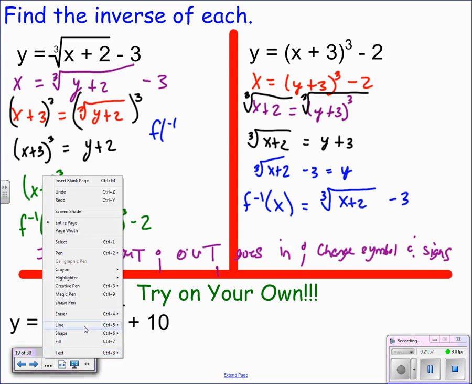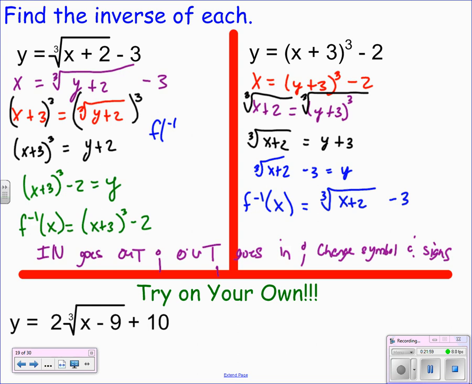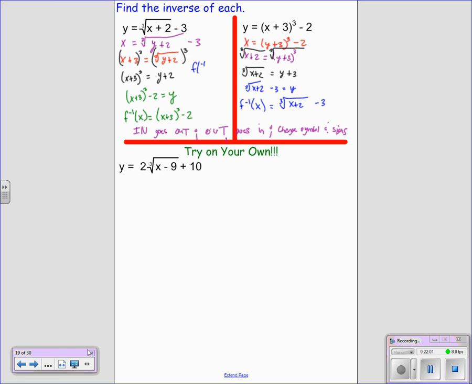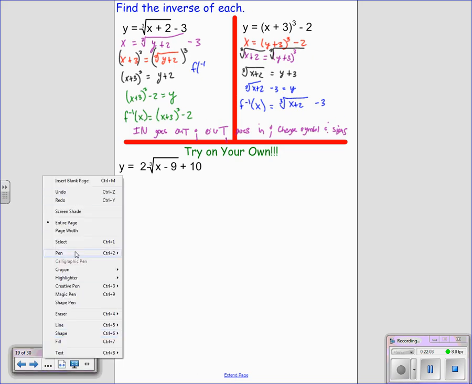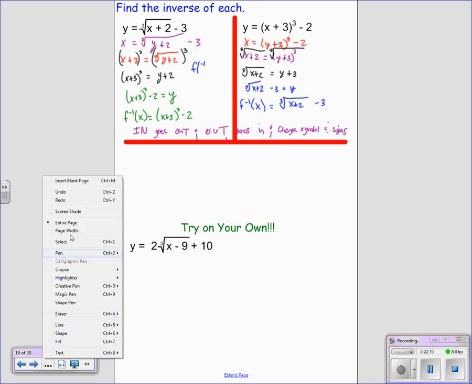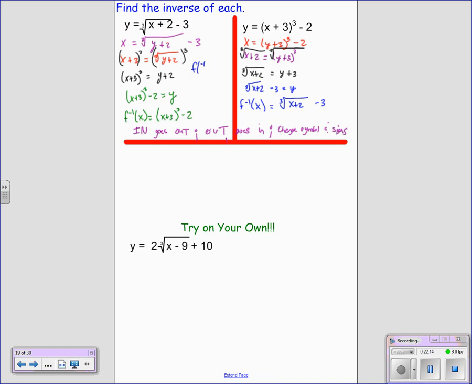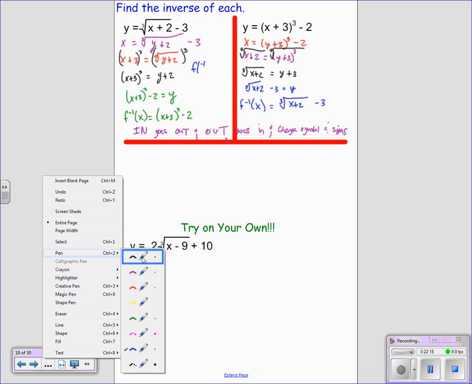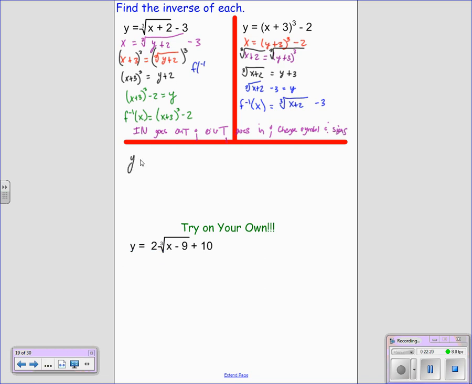Let me just rewrite it. So y equals cube root of x plus 2, minus 3.